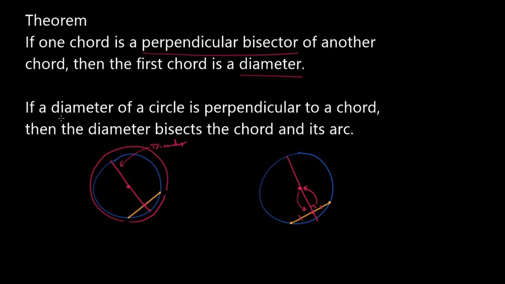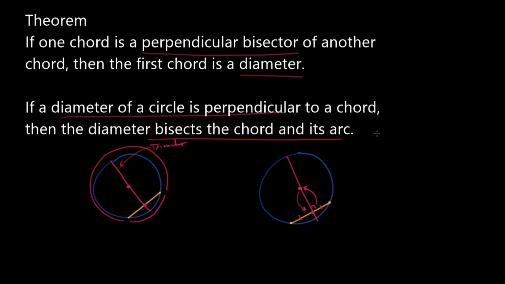And this one says that if the diameter is perpendicular to a chord, then it has to bisect it. The alternative statement is also that if a diameter bisects a chord, then it's going to be perpendicular to it as well. And so it's just a matter of what we're starting with, knowing that the chord is the diameter or not.